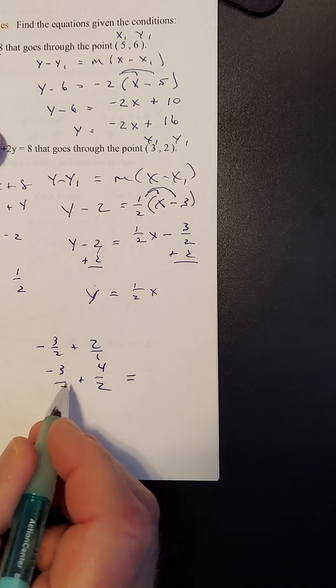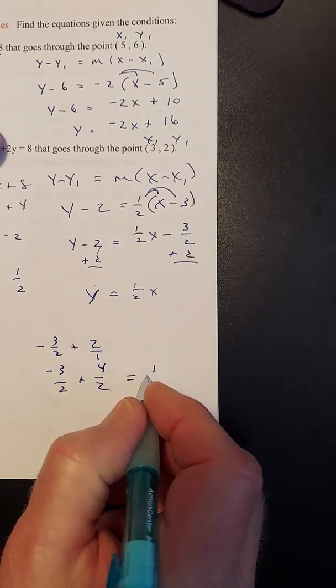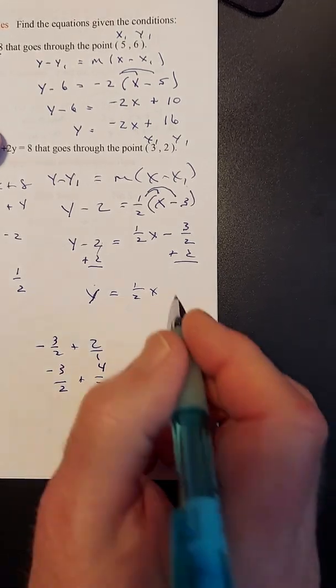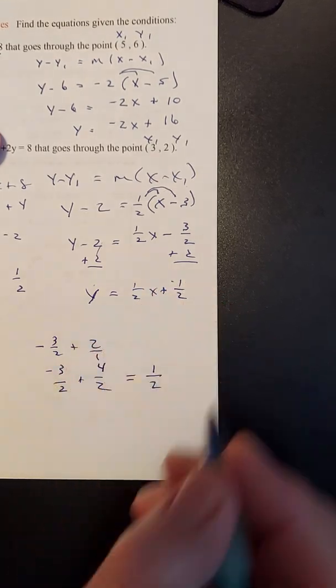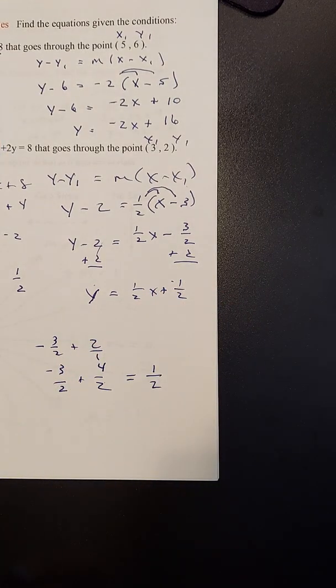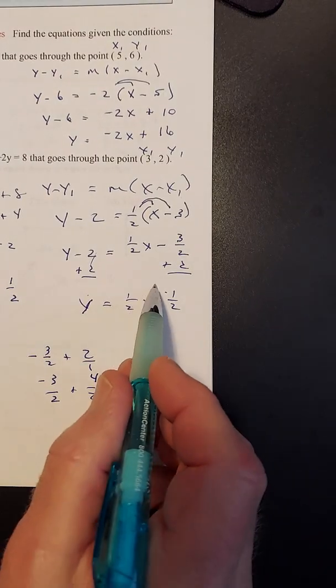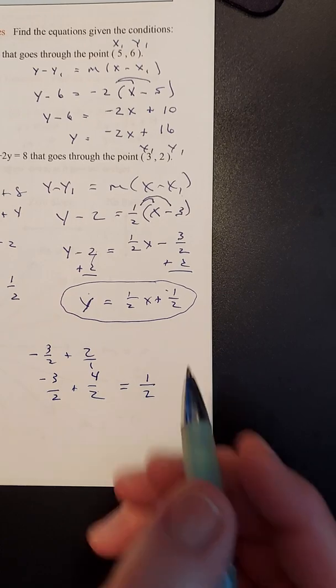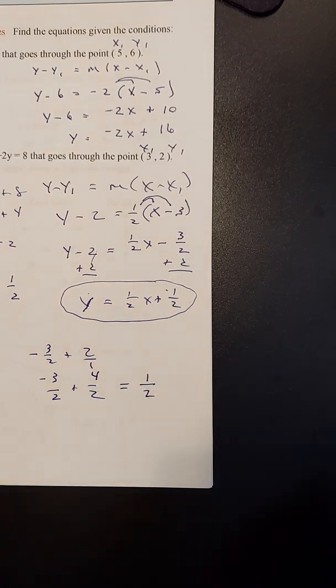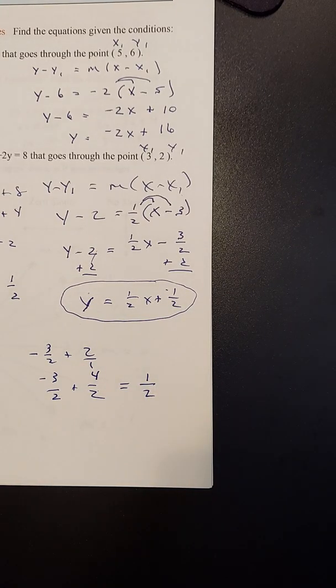So now you got negative 3 plus 4 is positive 1, and it's over 2. Okay, so we're going to say plus 1/2, and that's my answer. Y equals 1/2 x plus 1/2.